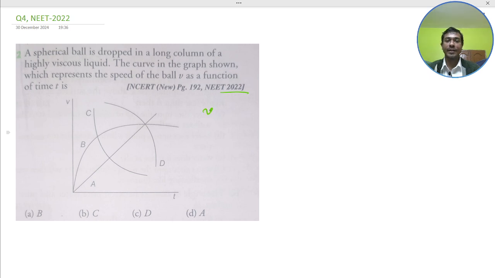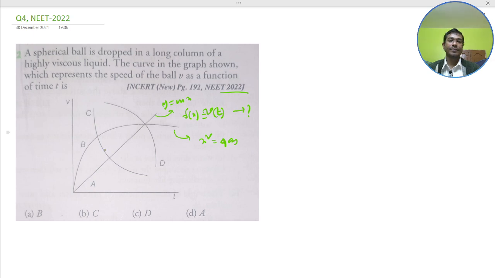So you have to find V as a function of time. This is f(x), and you have to find this graph. So the first graph is a straight line, y equal to mx. This one is x square equal to 4ay, a parabola.